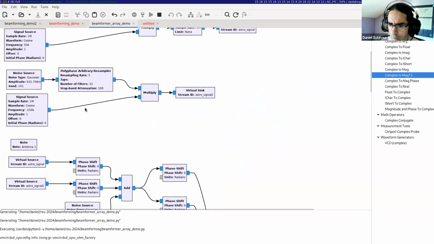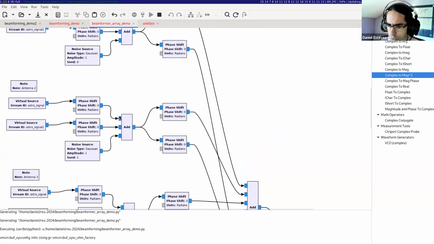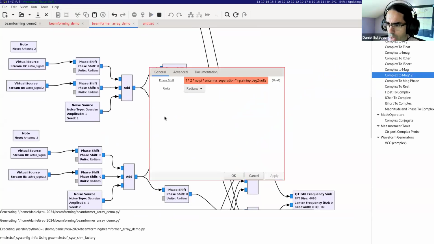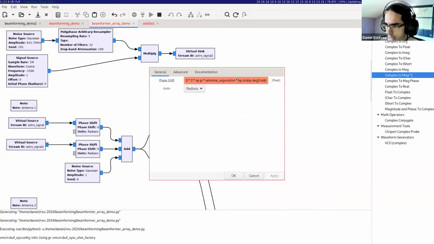this nice expression anymore. And I want to take a second to explain why this is nice. The reason why this is nice is this sine of the signal angle. You can think of this as a small number because the signal angle is going to be small. So there is the small angle approximation, right?